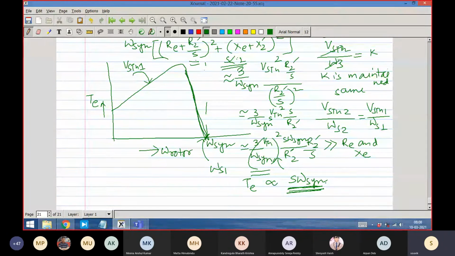That means if initially we are operating at slip S1 and the corresponding omega sin was omega sin 1, then the same torque will be produced if I maintain the product S2 omega sin 2 constant. That means if S2 omega sin 2 is equal to S1 omega sin 1, then the same torque is produced, right?